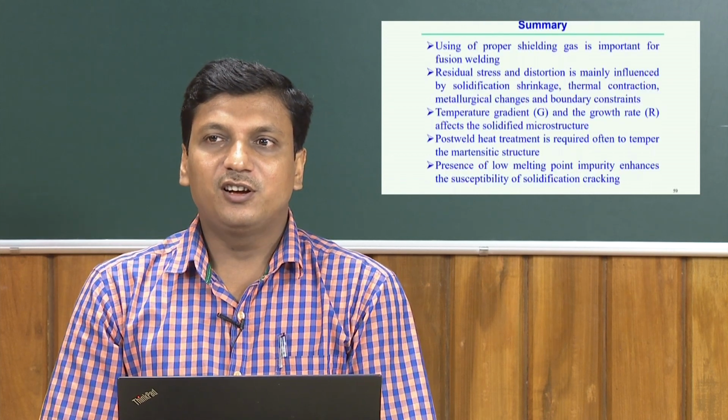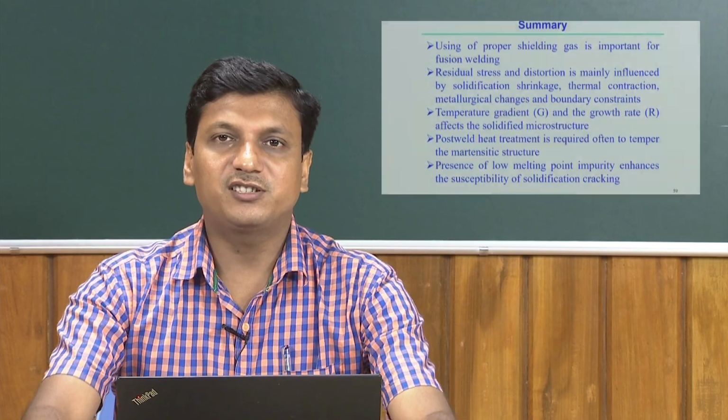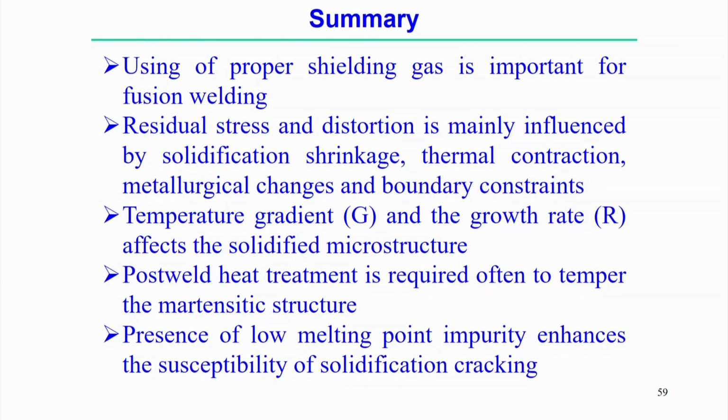In summary of the solidification process, we can say that using the proper sealing gas is important for fusion welding, because the sealing gas protects the molten pool from the outside atmosphere. But of course, sealing gases have several characteristics, different types and properties, including whether they are reactive with the molten pool or not.